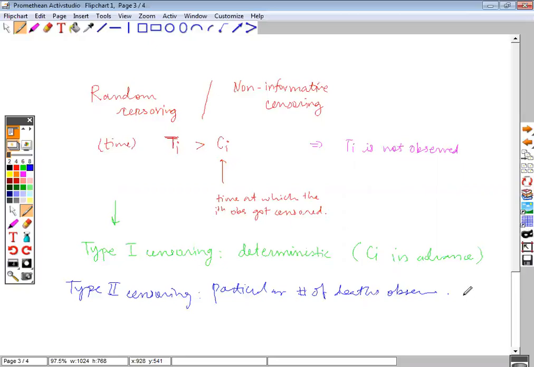So the people you will not observe anymore. And these kinds of censoring are much more widely applicable in medical studies, as you might have guessed, with the vaccines, the research that might be going on, and the symptoms that patients might develop.